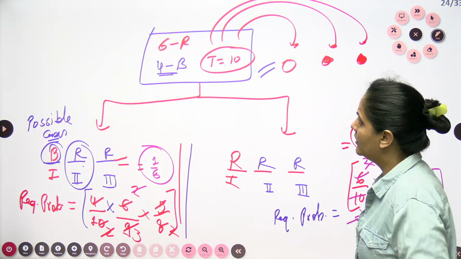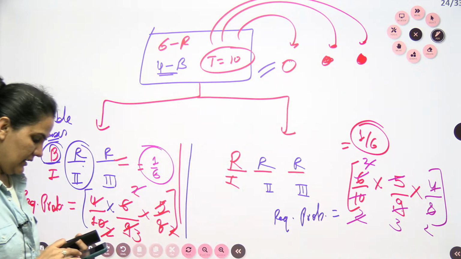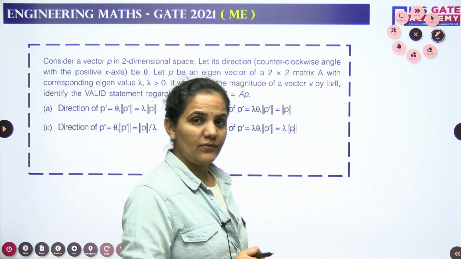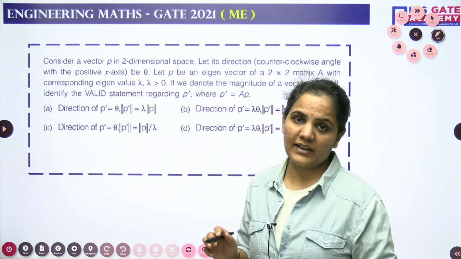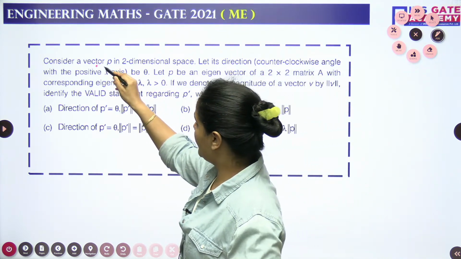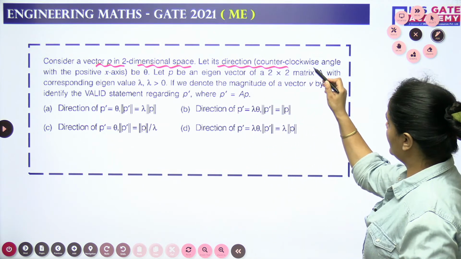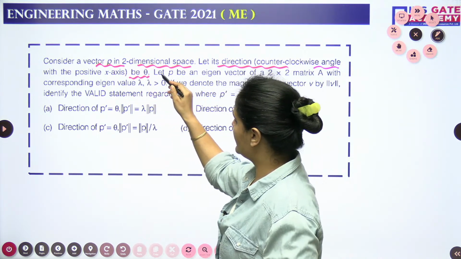Alright, now let's go with the next question. Let's have an approach. This question is from GATE 2021 mechanical branch, and the question is from linear algebra. The question is: consider a vector P in two-dimensional space. Let its direction counterclockwise angle with the positive x-axis be theta.